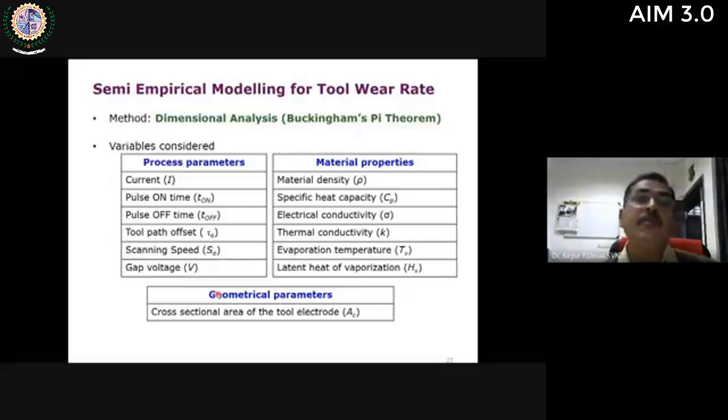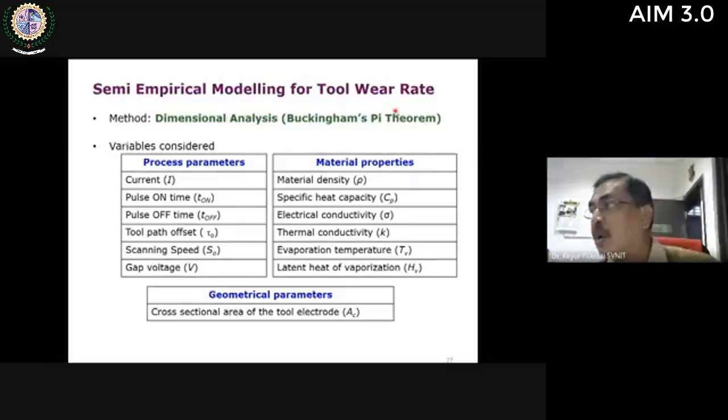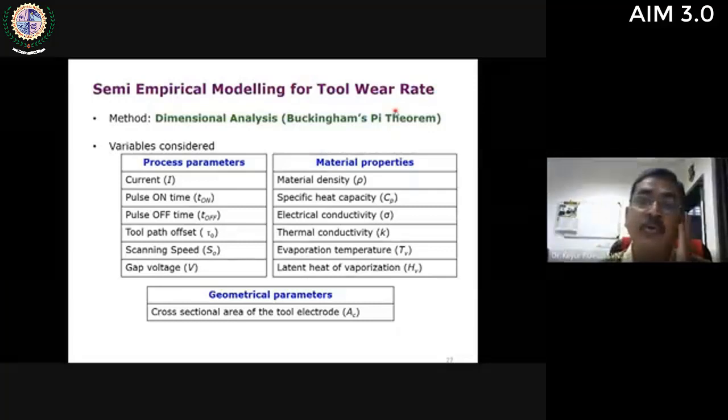So we went ahead with semi-empirical modeling for tool wear rate, because wear ratio, which is a ratio of MRR, material removal rate, upon tool wear rate, is one of the most important process criteria of electrodischarge machining.